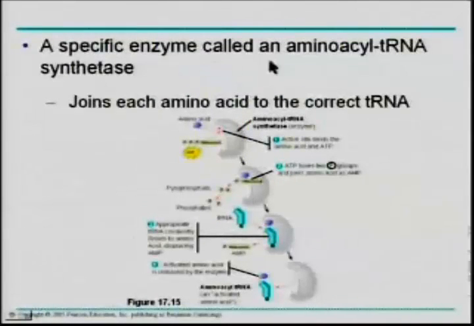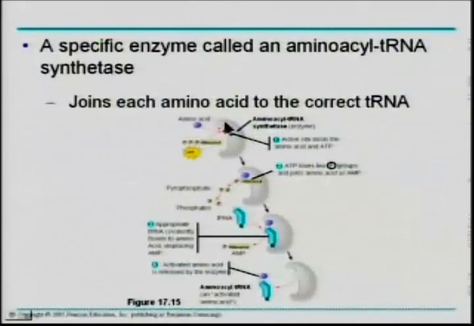There is a specific enzyme called an aminoacyl tRNA synthetase. There's one for each amino acid as well. It joins each amino acid to the correct tRNA. So here what we see in the upper panel is an amino acid and ATP. So we're starting to see the energy consumption in protein synthesis.